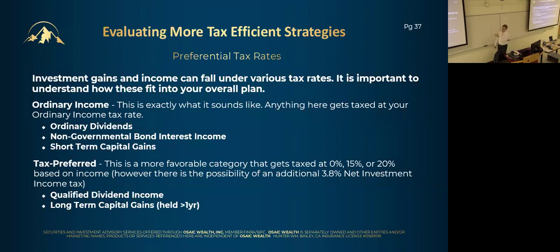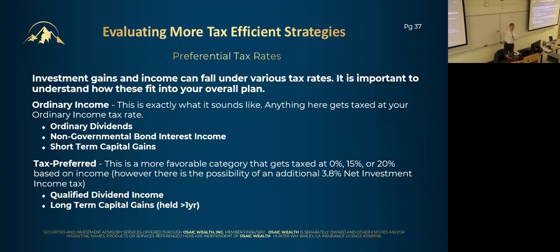So then we get to our tax preferred rates. So this is a more favorable category that gets taxed at either 0, 15, or 20% based on what level your income is. So it's a little interesting because it's not quite fully matched with ordinary income tax rates. The brackets are slightly different, and your ordinary income plus your investment income gets added up and puts you in this other bracket for capital gains, and it can be a little bit confusing, but essentially you either get taxed at nothing, 15%, or 20%.